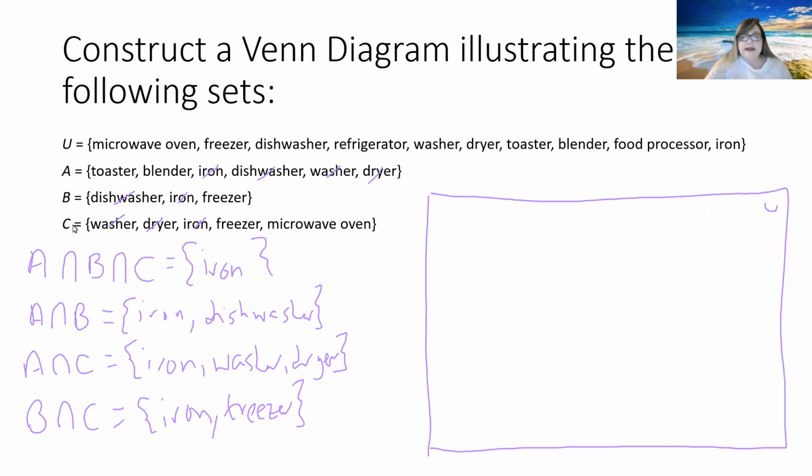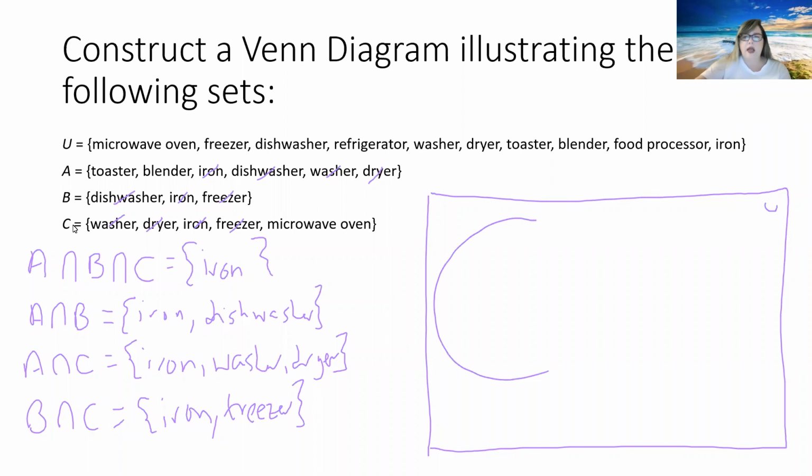And then B and C have iron and freezer in common. All right, so now whatever's not crossed out needs to be in that set, but not in the others. Notice that everything's crossed out in B. So B is entirely inside the intersections of A and C.